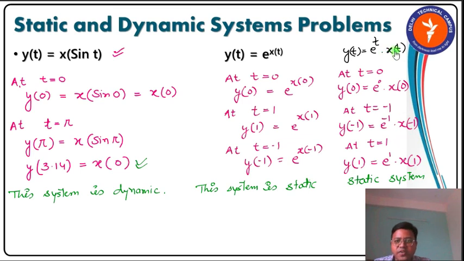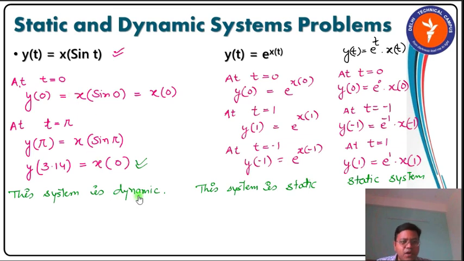Why are we calling it static? Because we can see that in the input term we do not have any kind of scaling or shifting. If there had been any kind of scaling or shifting, then the system would not have been static. Similarly here we do not have any scaling or shifting, so the system comes out to be static.